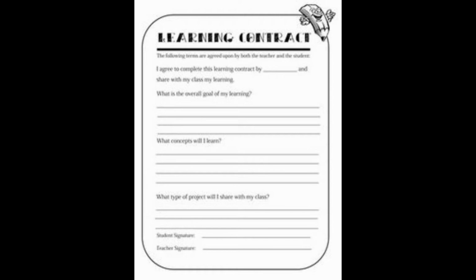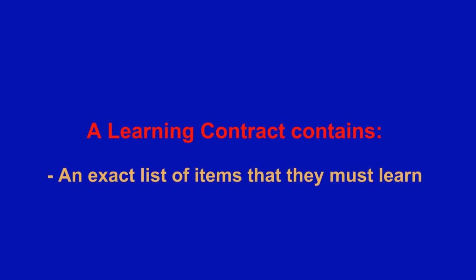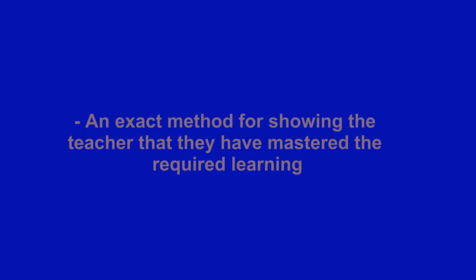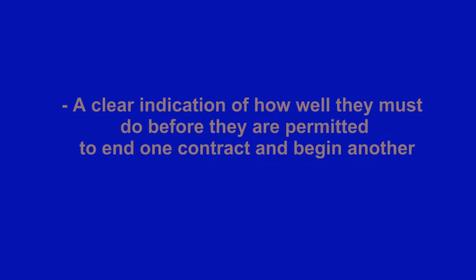are eliminated because the contracts provide them with the following: an exact list of items that they must learn, an exact method for showing the teacher that they have mastered the required learning, a clear indication of how well they must do before they are permitted to end one contract and begin another, a choice of many media learning resources.